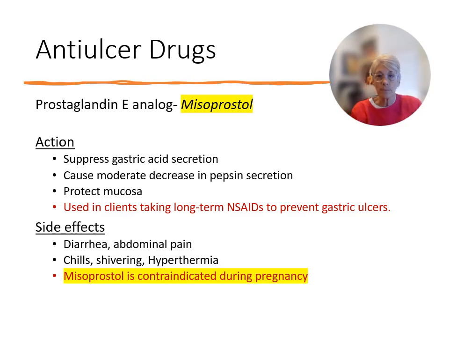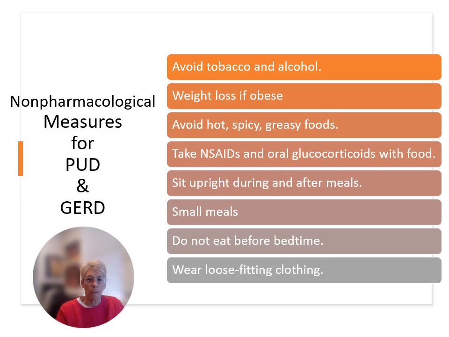All right. So let's look at some non-pharmacological treatments and measures that we would put in place for our GERD and our peptic ulcer patients. Let's look at those non-pharmacological things, because that's always going to be important with any disorder that we can put in place for these folks with peptic ulcer disease and GERD, right?